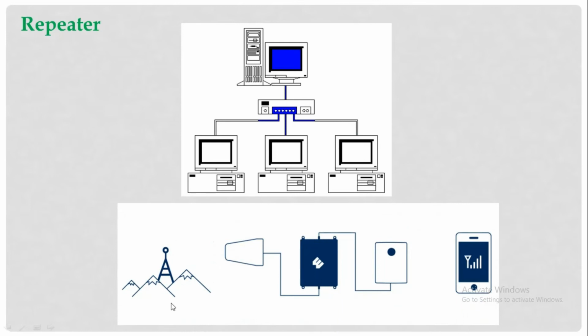Here you can see a wireless example. The information is transmitted in a wireless medium. In a wireless medium, if the information has to be transmitted over a longer distance, the signal gets weakened. In order to boost the signal, repeaters can be used.